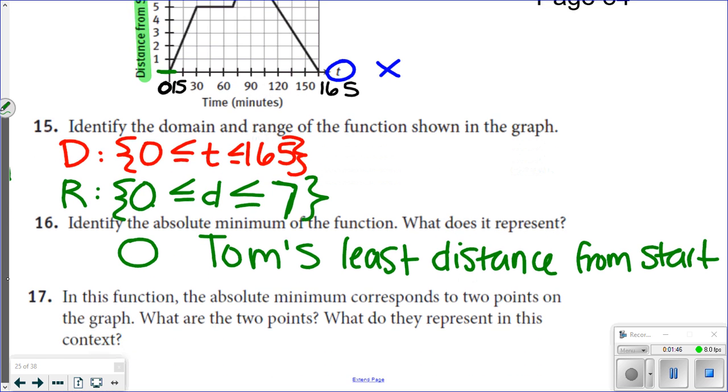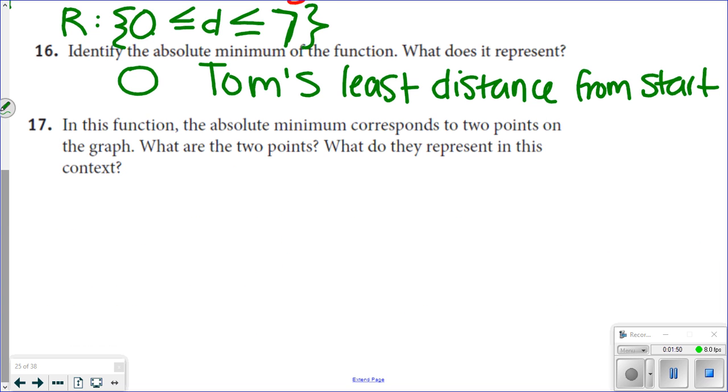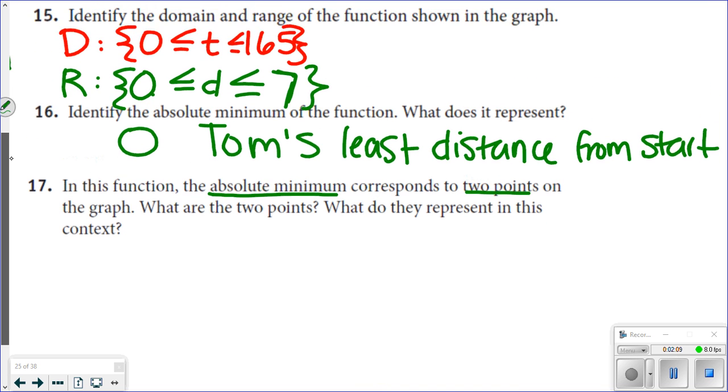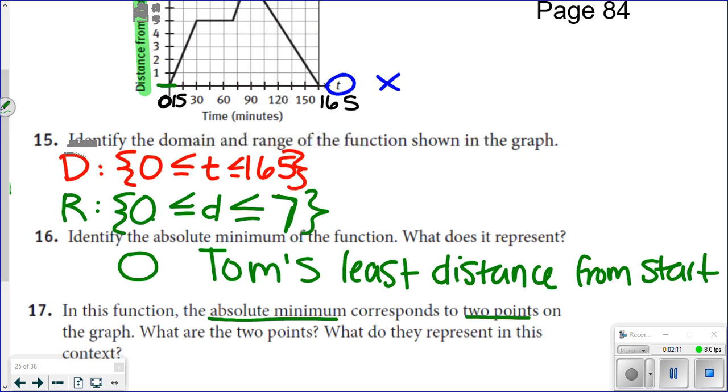Number 17, which is at the top of the next page. In this function, the absolute minimum corresponds to 2 points on the graph. What are the 2 points and what do they represent? If I'm going up and looking, here's one absolute minimum, here's the second absolute minimum.